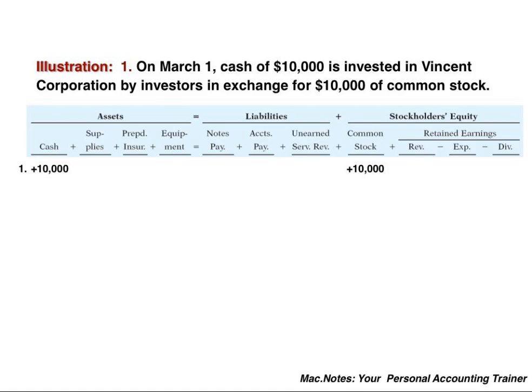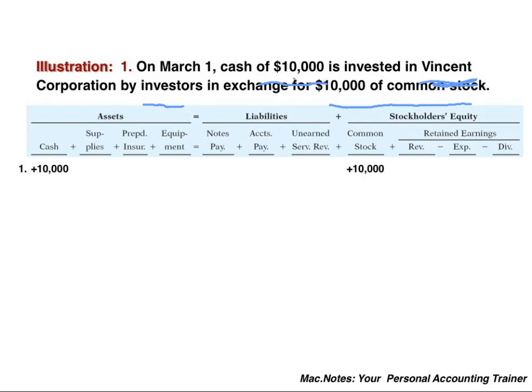To demonstrate now, let's assume a transaction. On March 1st, cash of $10,000 was invested in this company, Vincent Corporation, by the investors in exchange for $10,000 in common stock. That is, the business sold $10,000 worth of shares to the investors of the corporation, and the investors gave the business $10,000.